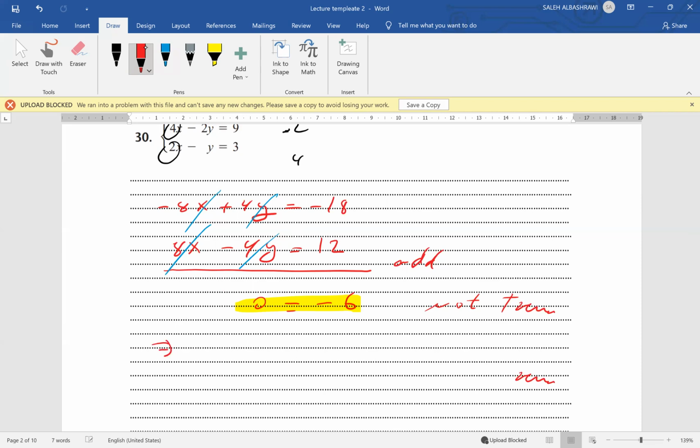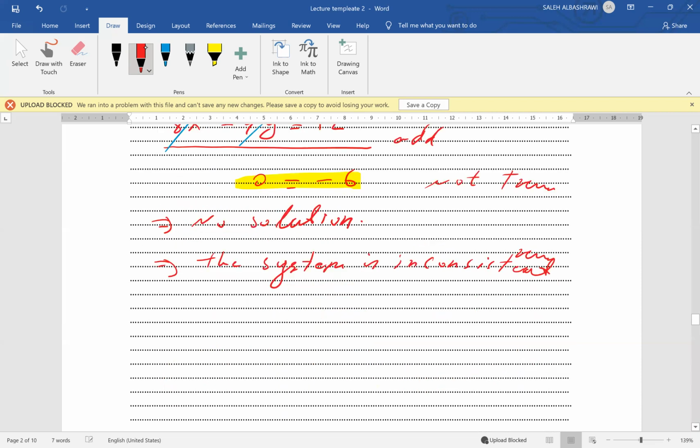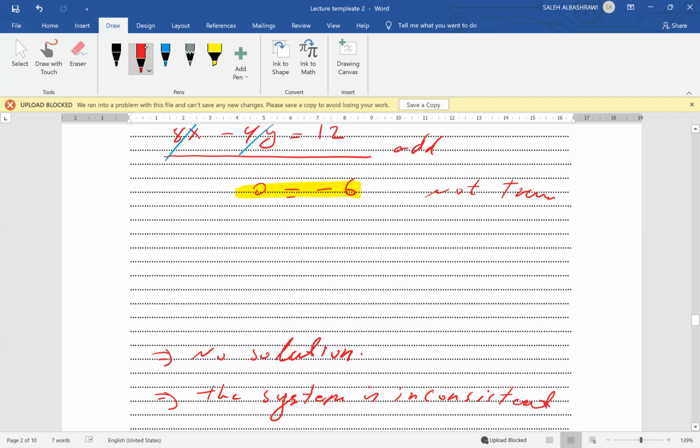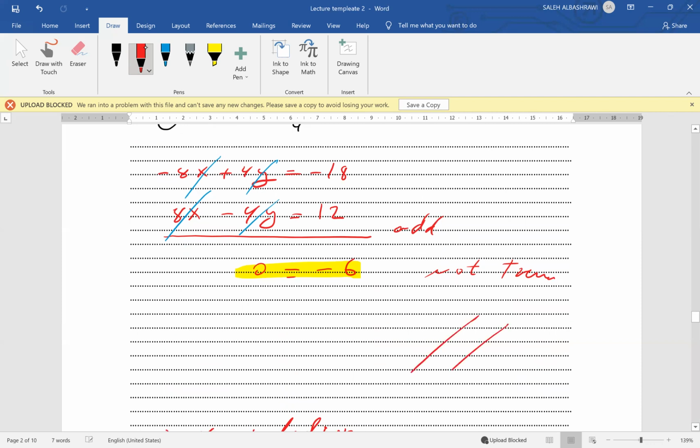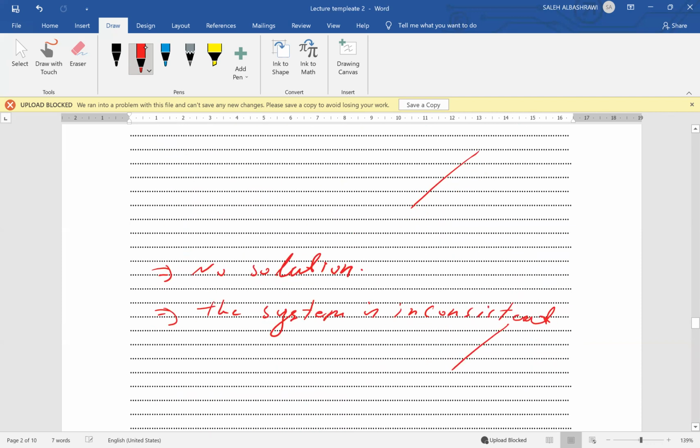You can say no solution. It is inconsistent, which means it has no solution, or I can say that the two lines are parallel. It is like we have parallel lines, so it is inconsistent in this case.